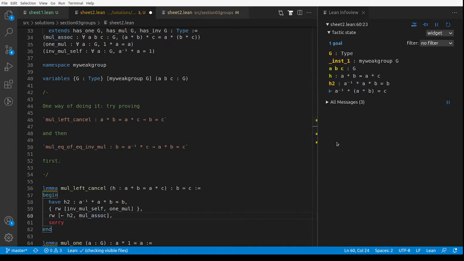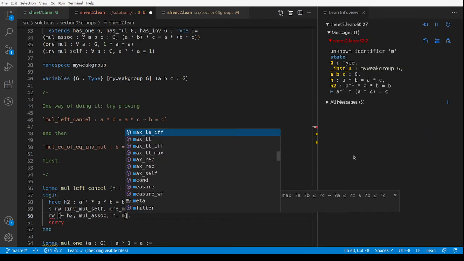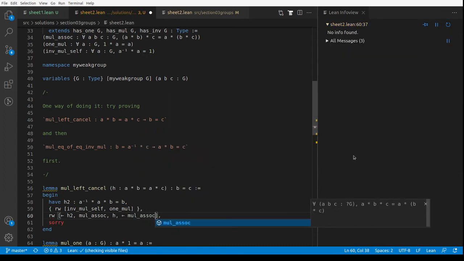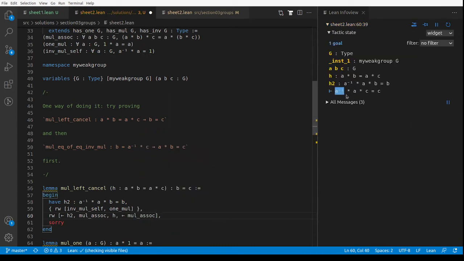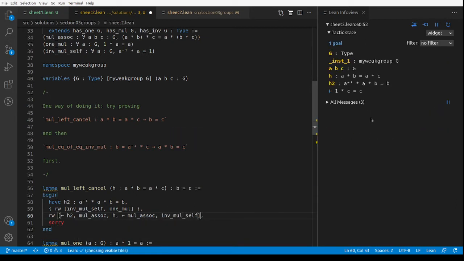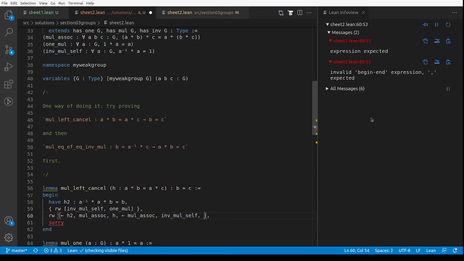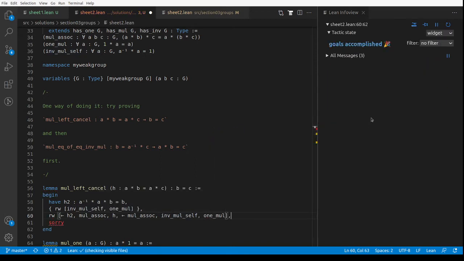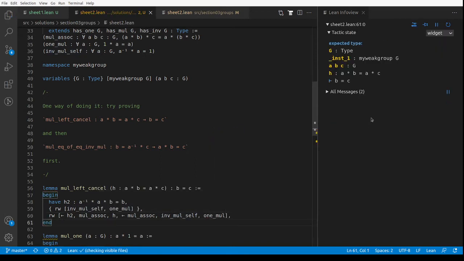And now A times B is A times C, so we can rewrite H. And now Mulassoc again the other way. And now we've got an A inverse times A, so that's inv mul self there. And now we've got a 1 mul, which is good because mul1 is what we don't have. So there's a proof of that.